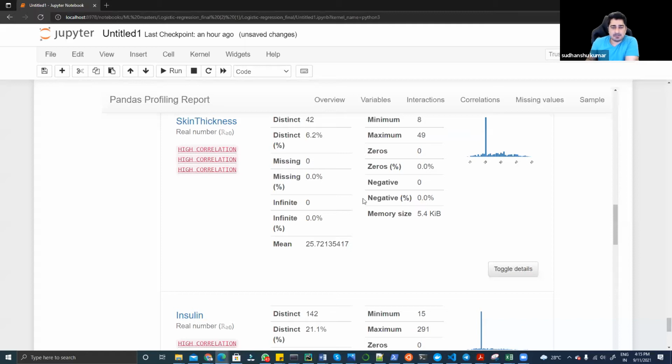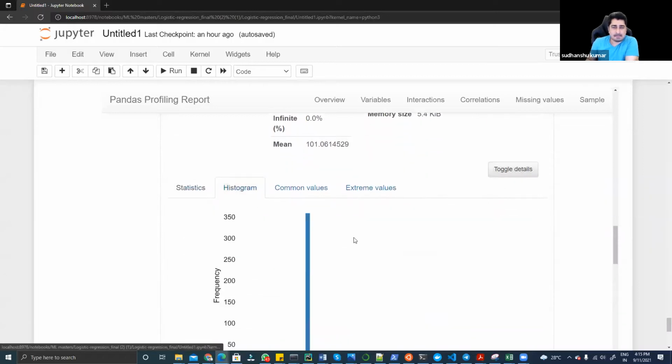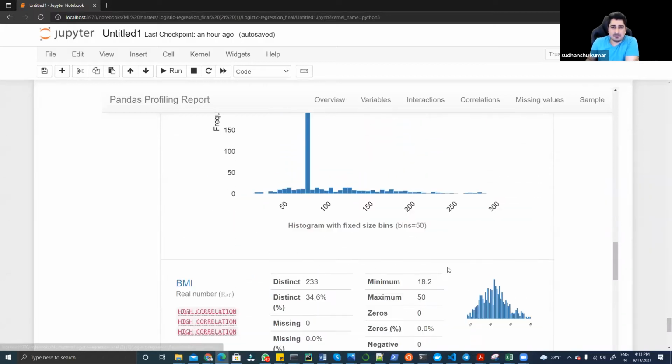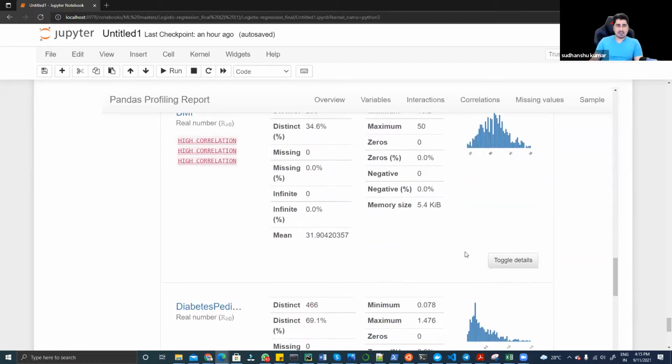Skin thickness, approximately normally distributed. Insulin, it is normally distributed. There are some, yeah, approximately normally distributed data we have. There are very few data points, maybe just one kind, showing this outlier relation. So that's completely fine. We can digest it.